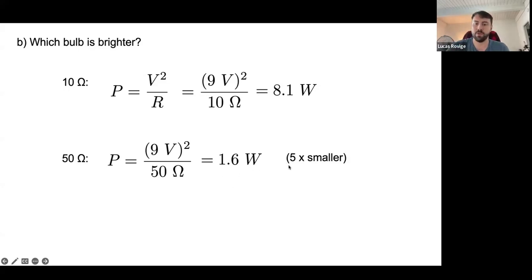See, it's 5 times smaller. And that's coherent with what we've seen before for light bulbs connected in parallel. The one that has a smaller resistance is the one that dissipates the most power because it has more current flowing through it.